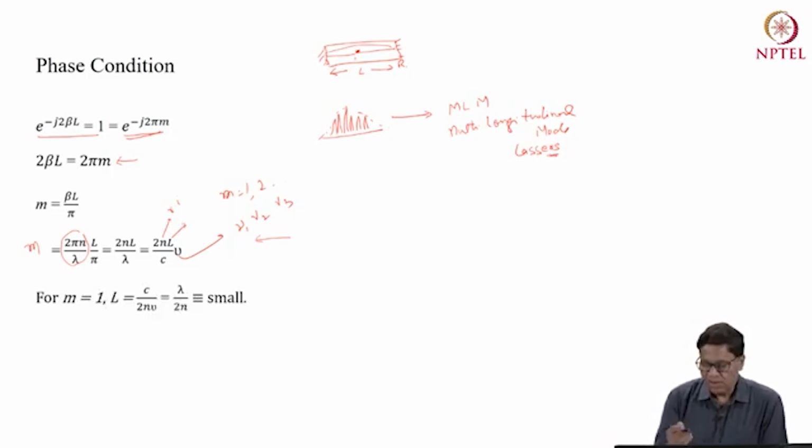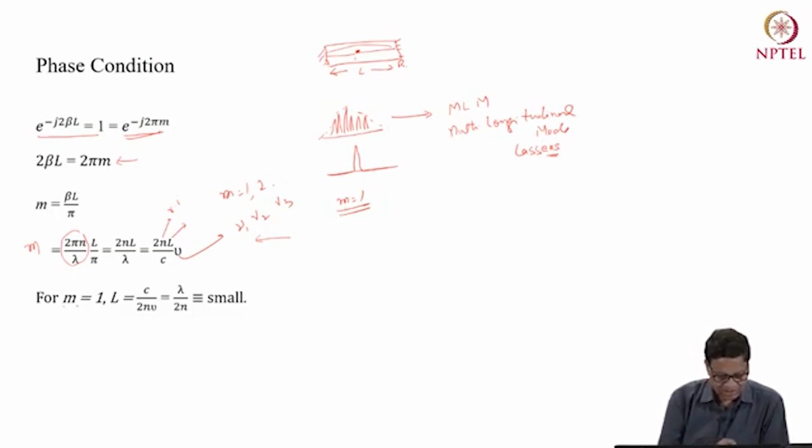This will have some spectral bandwidth. Suppose ideally I want only a single wavelength to be excited. That means I should have m is equal to 1. Only in that case will I get only one mode.